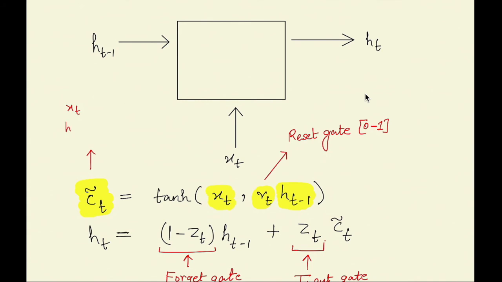and ht minus 1. So what GRUs are saying is that definitely the candidate should depend on xt because this is the new input, but it should not be completely dependent on ht minus 1.